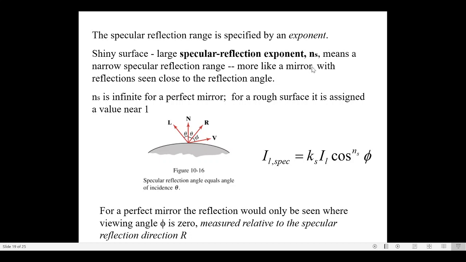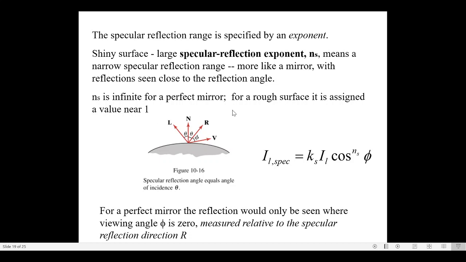The specular reflection range is specified with an exponent. A shiny surface has a large specular reflection exponent, that is ns, which is almost infinite for a shiny surface, so ns will be very large, whereas it will have a much smaller value for a rough surface.